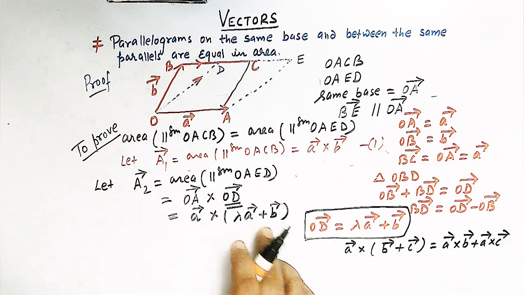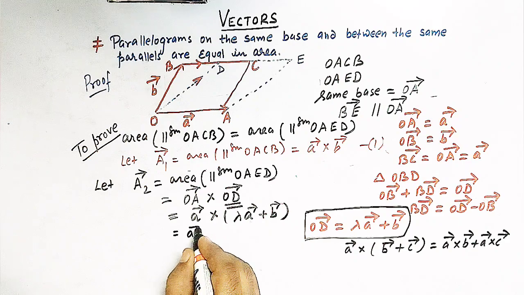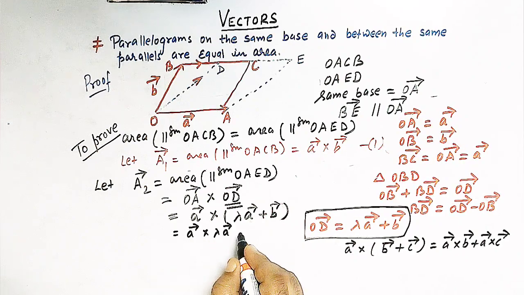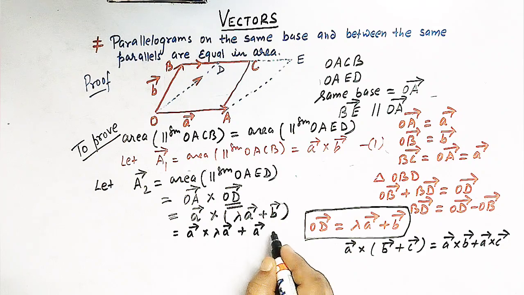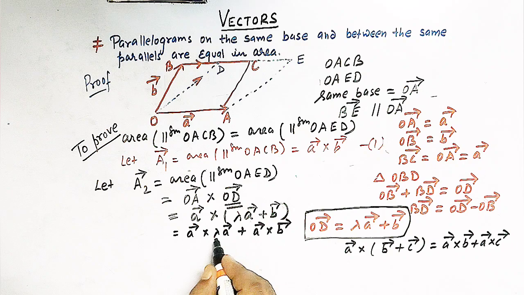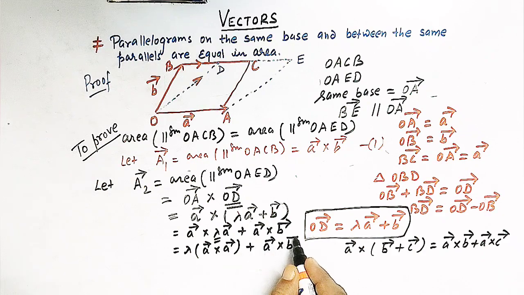So here we have the similar situation. So now we can write vector A cross lambda times vector A plus vector A cross vector B, right? Now here lambda is a scalar, so we can write lambda times A cross A plus A cross B.